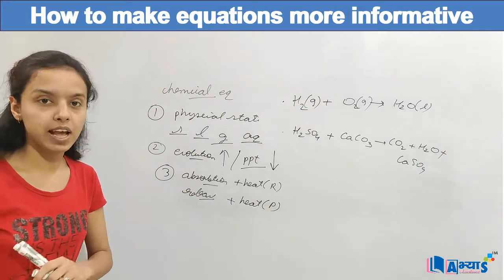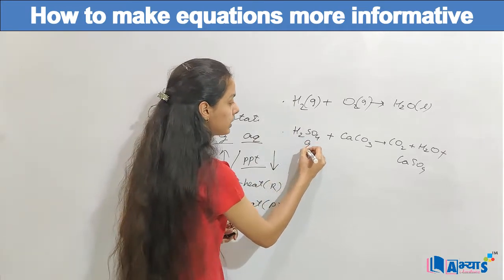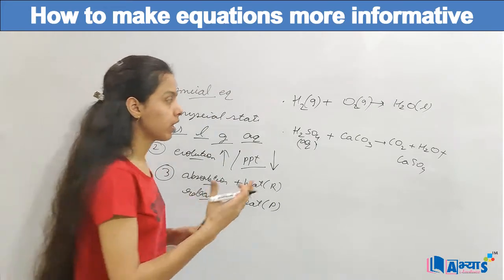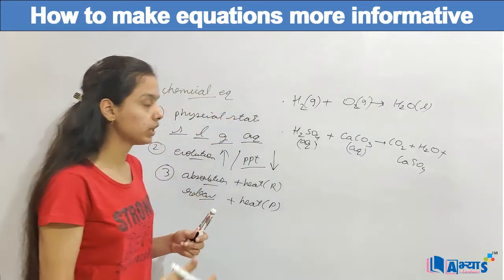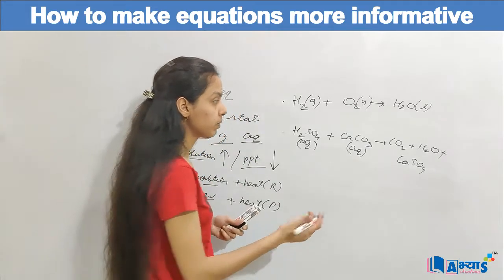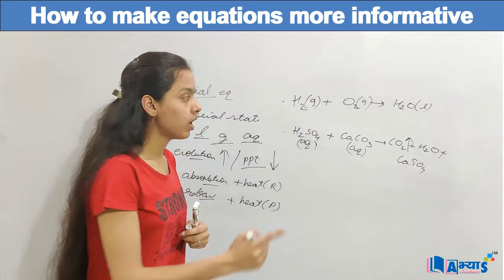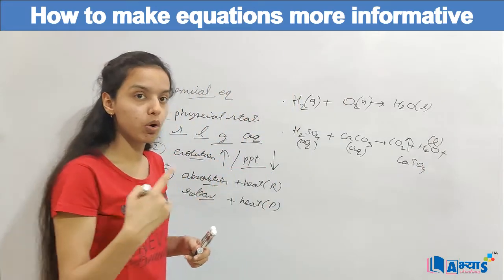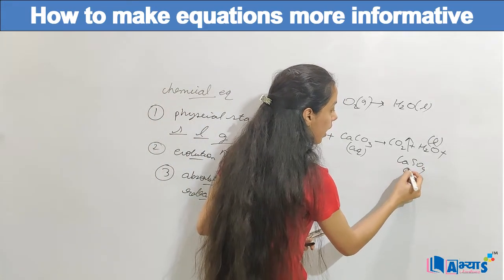In this reaction, sulfuric acid, as it is an acid, is in the aqueous state because it is mixed with water. Similarly, calcium carbonate is also in the aqueous state because liquid is combining with liquid. CO2 is a gas, so I will write an upward arrow. Water is formed in the liquid state, so I will mention small l. And CaSO4 is also in the aqueous state.